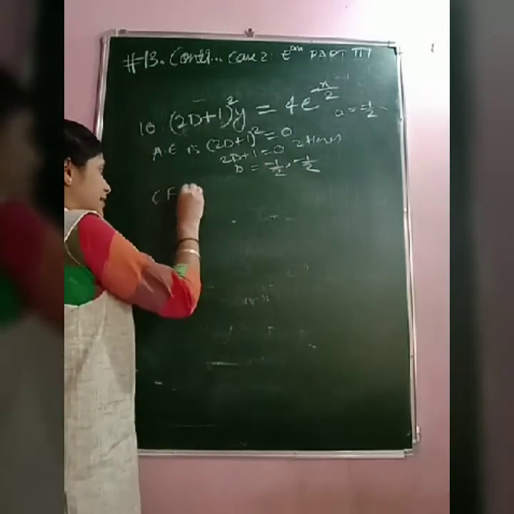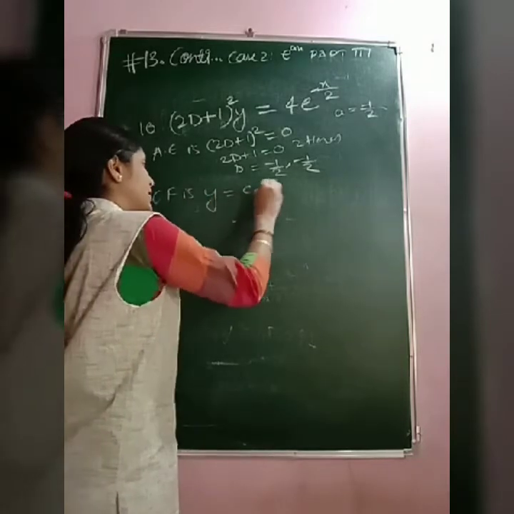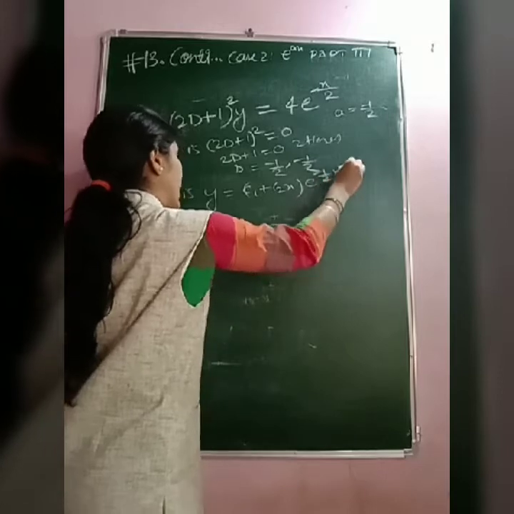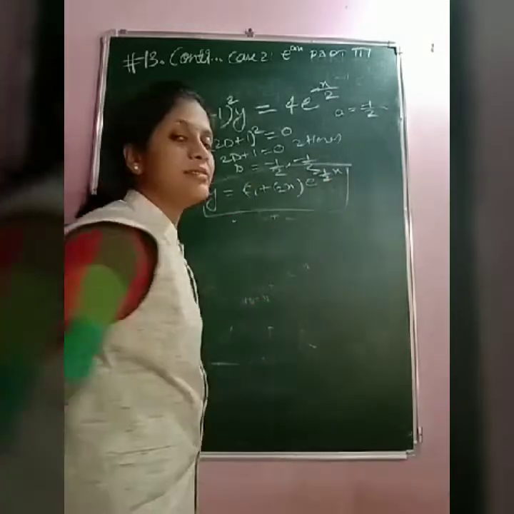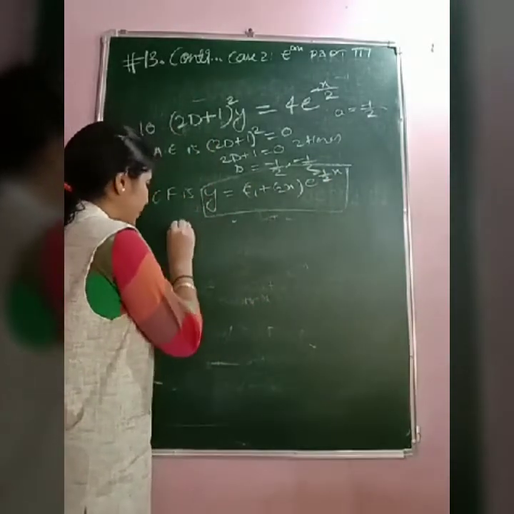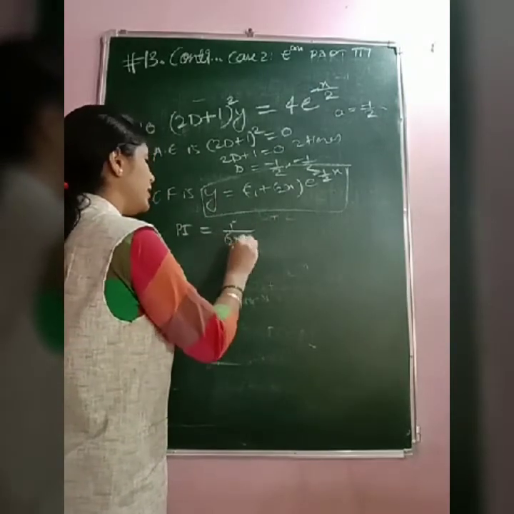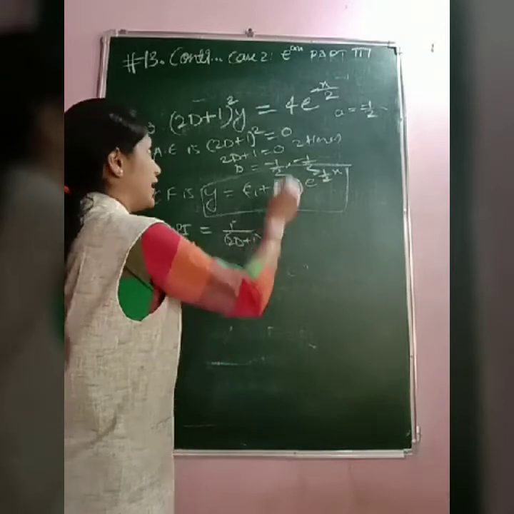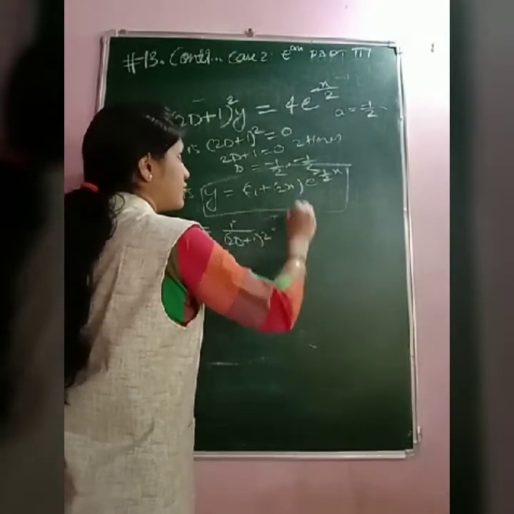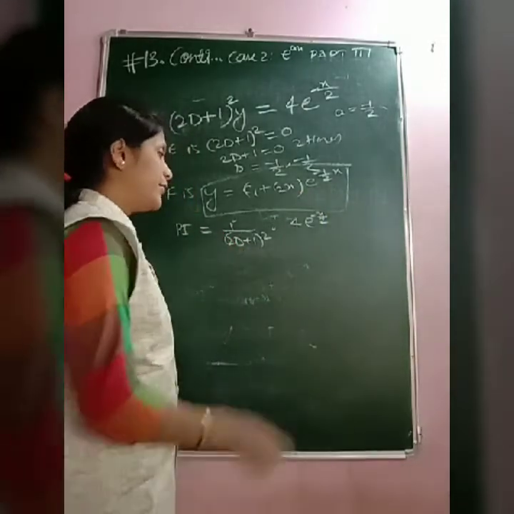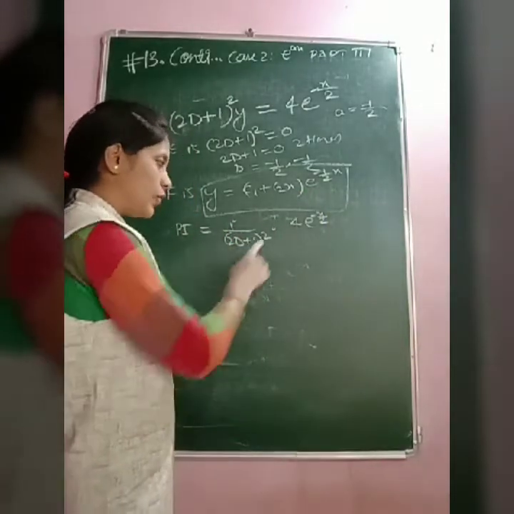The complementary function is y equals (c1 + c2 x) e^(−x/2). This is our CF. Now let us find PI. PI equals 1 upon f(D), that is (2D + 1)², of X, which is 4 e^(−x/2). Now again in this question, what do we see?